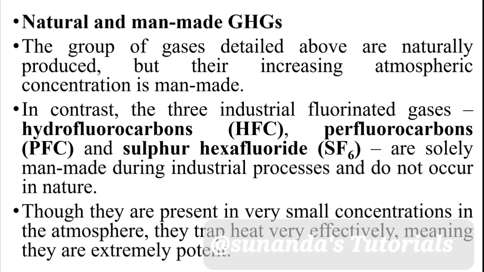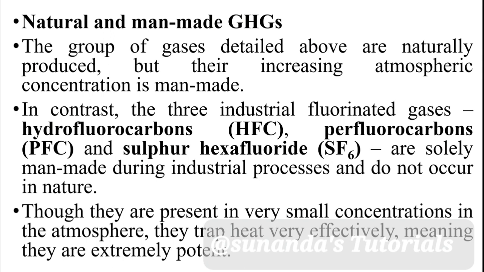Then some greenhouse gases are natural, like carbon dioxide and methane. They are produced naturally and present in the atmosphere, but some are man-made or released from anthropogenic activities, and the main man-made greenhouse gases are hydrofluorocarbons, perfluorocarbons, and sulfur hexafluoride.